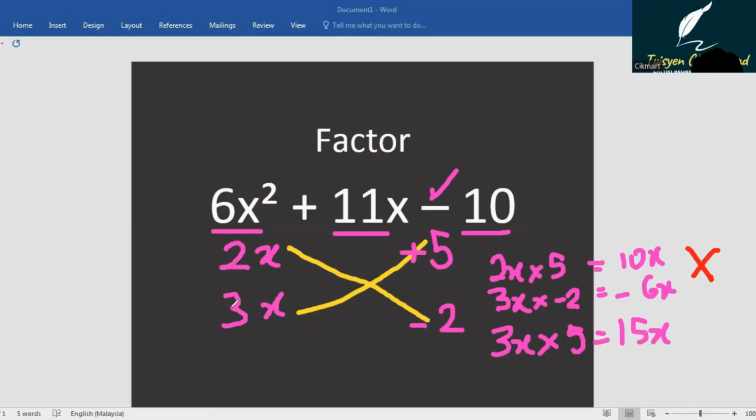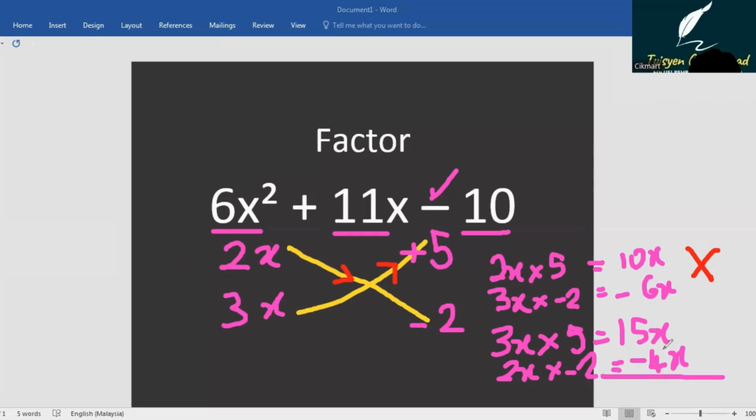3x times 5, positive 15. And now 2x times negative 2. What do you get for 2x times negative 2? You get a negative 4x.